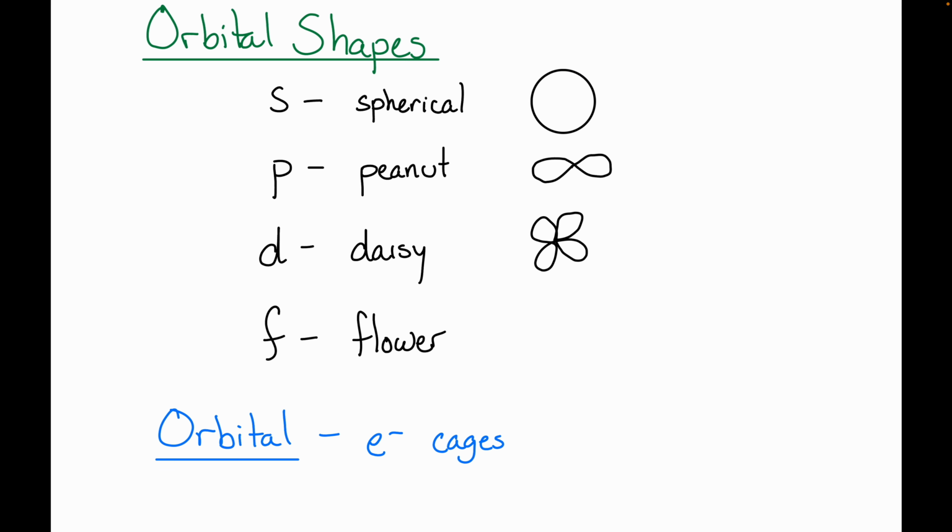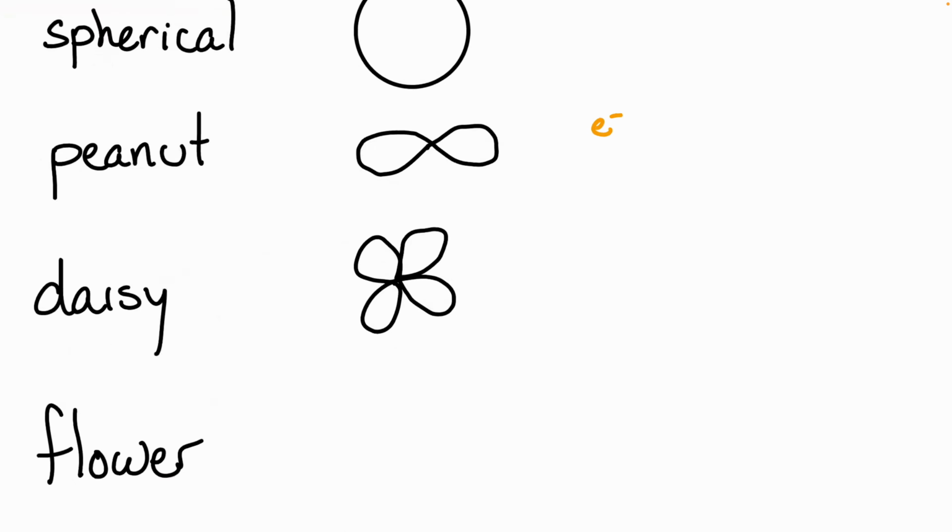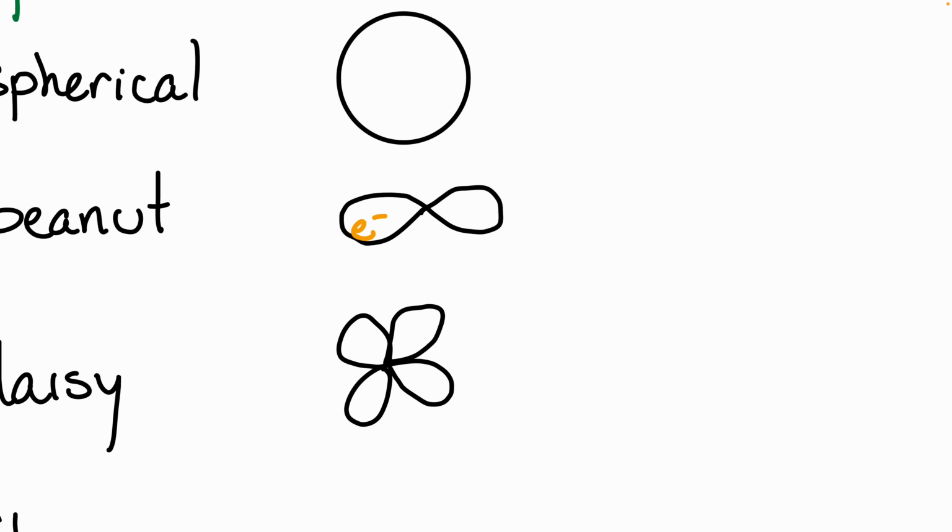So an electron that lives in a spherical shaped orbital, an s orbital, it's kind of trapped in this little spherical cage. It can jump around anywhere within there, but you won't find it outside of that cage. Likewise, if you have one of these more funky shaped orbitals, like a p orbital, that means that your electron is sitting here bouncing around between these two spaces, and again, you won't really find it outside of that peanut-shaped orbital, right? So these are these electron cages, these orbitals.